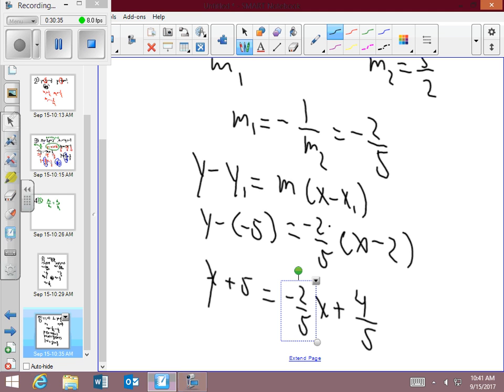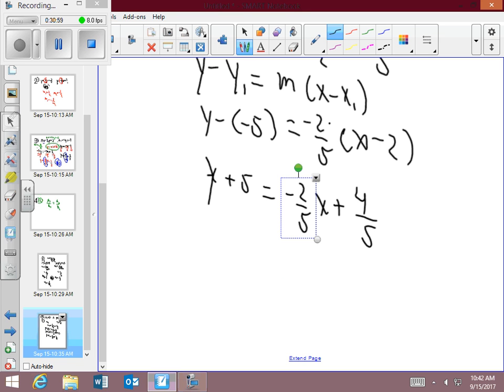Now, as far as answering the question, you've kind of got an answer. But sometime in the future, you're going to be wanting to put this in a calculator. And in order to put it in the calculator, you can't put it in this form. It always has to be slope intercept. And this will give us practice.